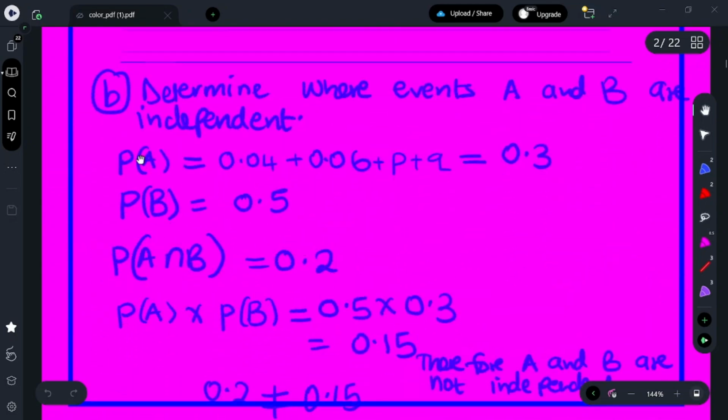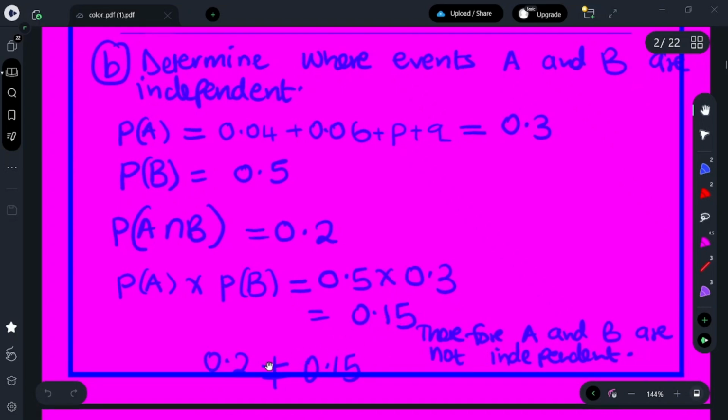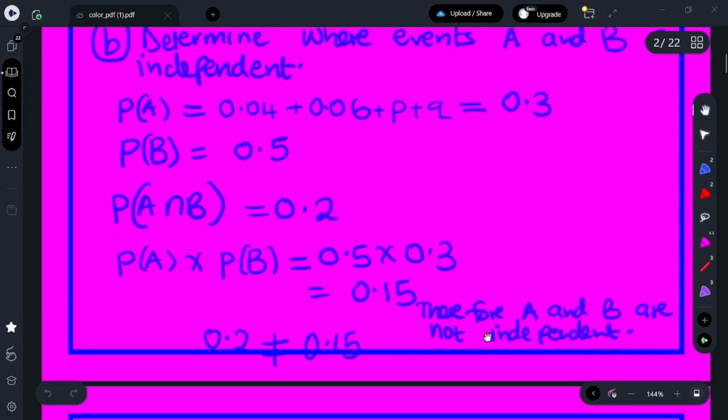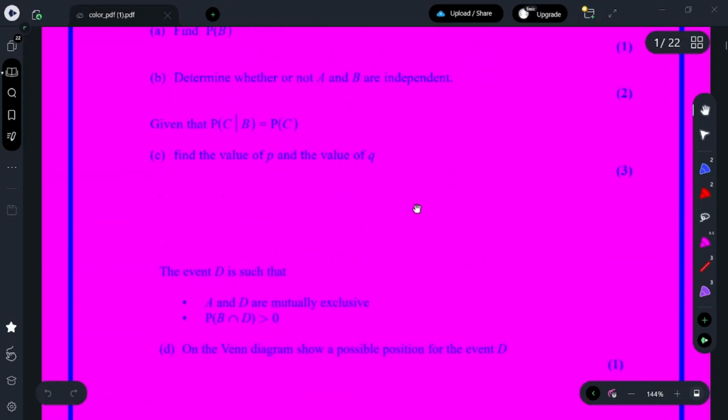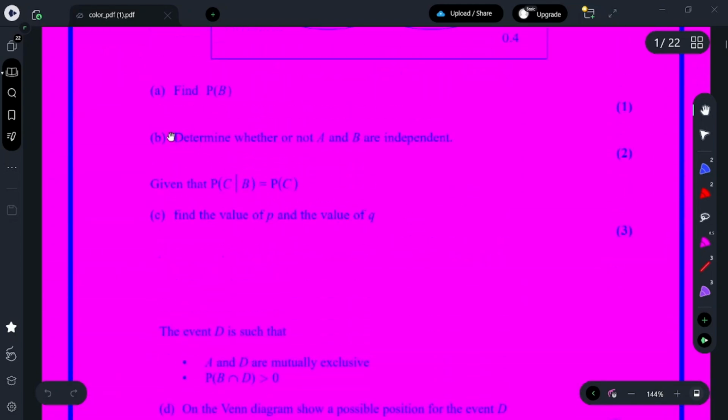So if we multiply the probability for A and the probability for B, which is 0.5 times 0.3, we get 0.15. 0.15 is not equal to 0.2, and therefore the events A and B are not independent. And that is it. So we move to another question.